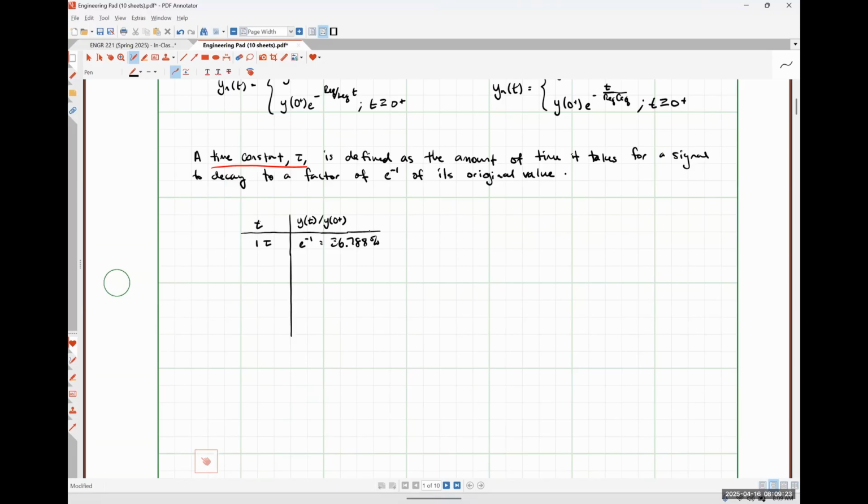Okay. So effectively in one time constant, our signal decays down to a little less than 37% of its initial value. Well, in two time constants, that's going to look like e to the minus 2, which is 13.534%. Going on, in three time constants, our ratio would be e to the minus 3, and that is 4.979%.